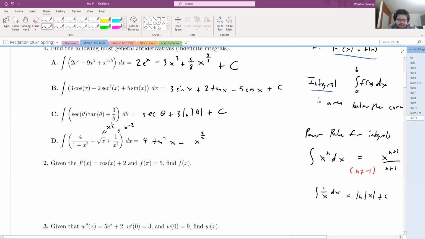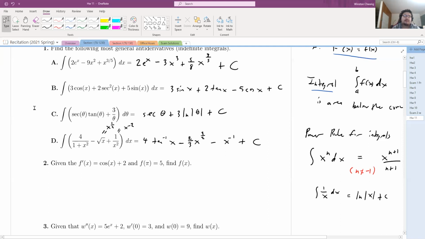So x to the 3/2, and then we divide by 3/2, which is the same as multiplying by 2/3. And for the last term, we have x to the -2nd. So we add 1 to that, we get x to the -1st. We would then divide by -1, which is the same as multiplying by -1. So that's just going to flip the sign here from a plus to a minus, and then tack on the plus c at the end.